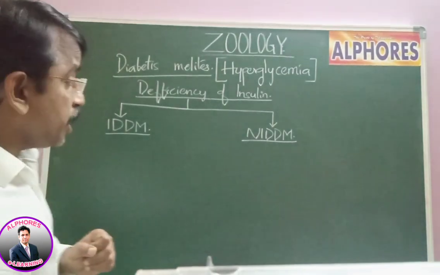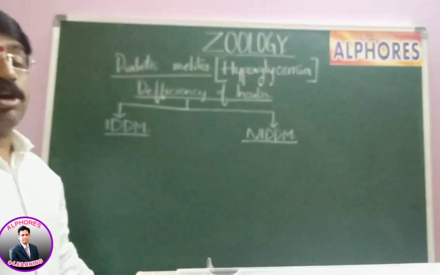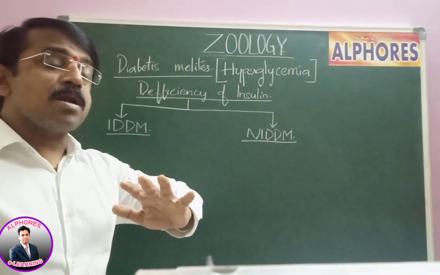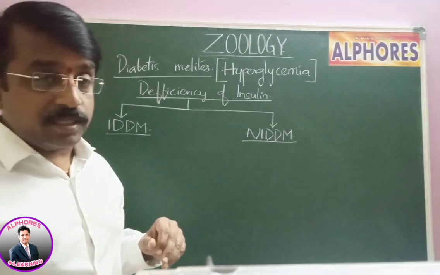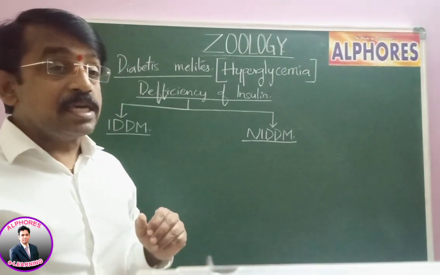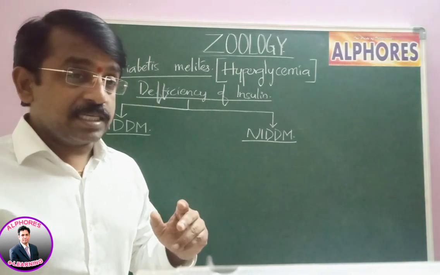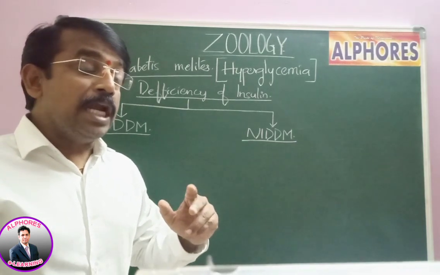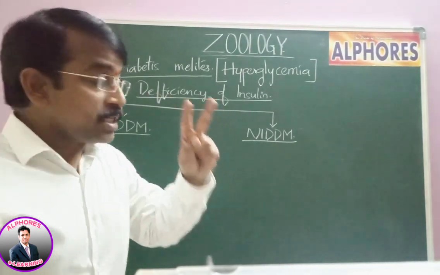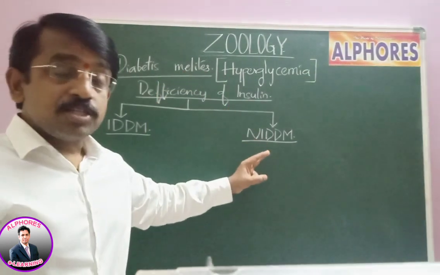With insulin deficiency, this conversion does not take place. That is one point. The second point is that the cells fail to take up the glucose. So that's what we studied here.